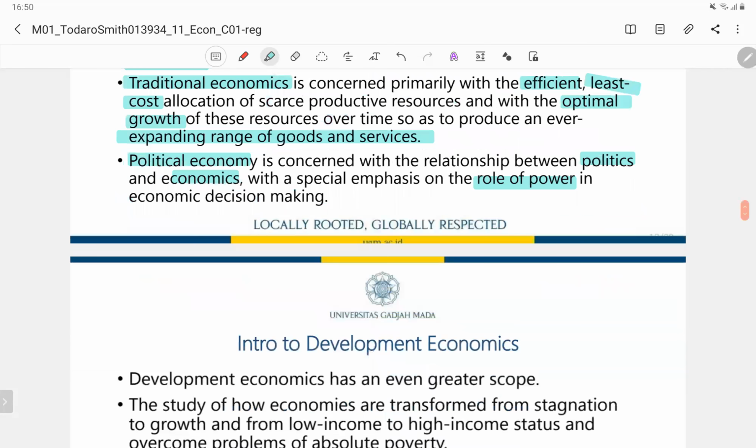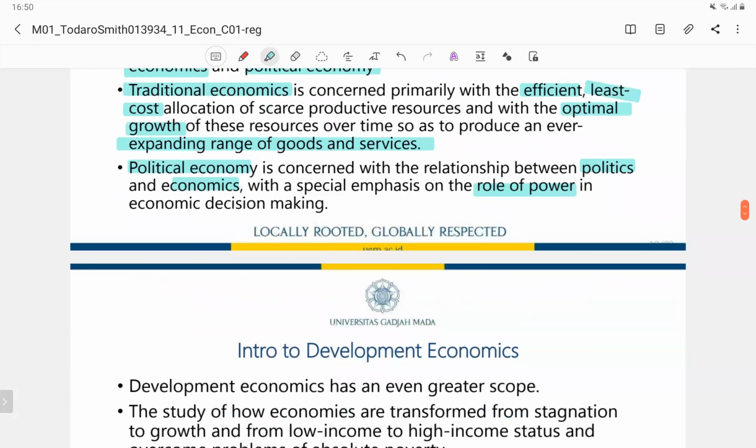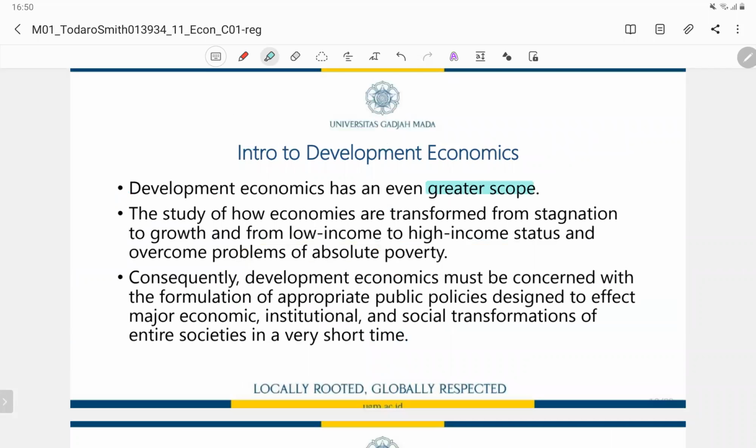Compared to those two, development economics has even greater scope. So compared to traditional economics and political economy, development economics has greater scope. Development economics is the study of how economies are transformed from stagnation to growth and from low income to high income status, and how to overcome problems of absolute poverty.